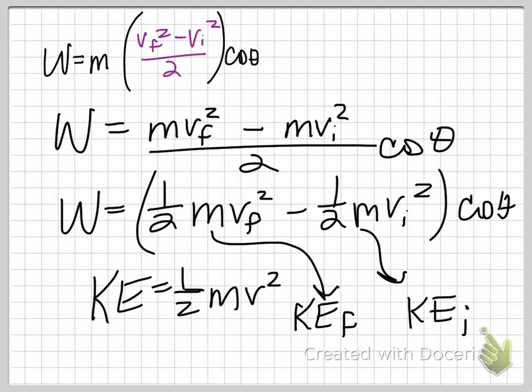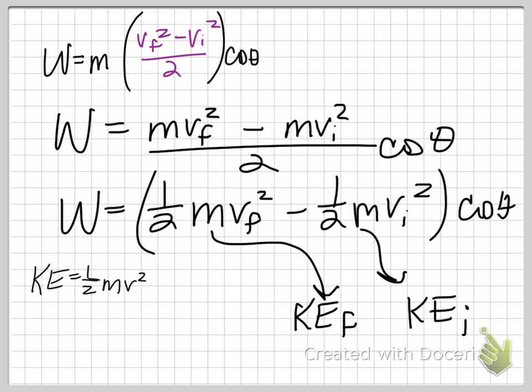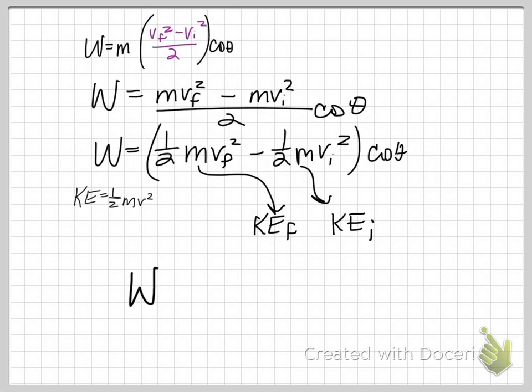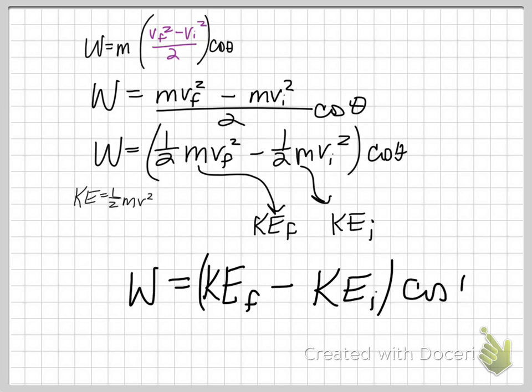Because what we're saying is that the work that's done on an object is equal to the final KE minus the initial KE, and of course times the cosine of theta, where theta is the angle between the force at which it's applied and the direction in which the thing is moving. This is the kinetic energy work theorem.